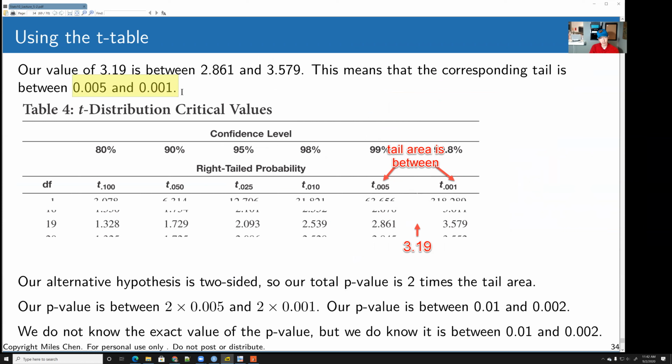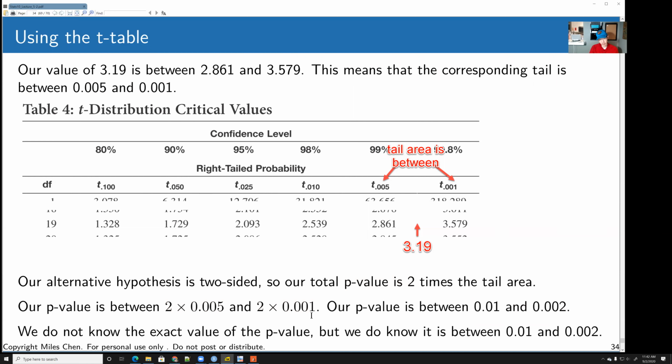Because my alternative is a two-sided test, with a not equal sign, I double my tail area to get my p-value. So my p-value is between 2 times 0.005 and 2 times 0.001, so my p-value is between 0.01 and 0.002.